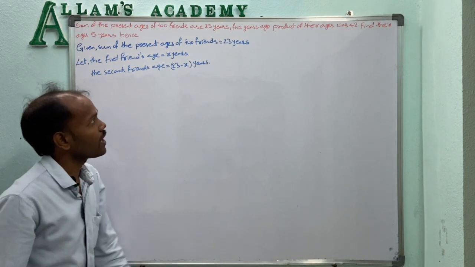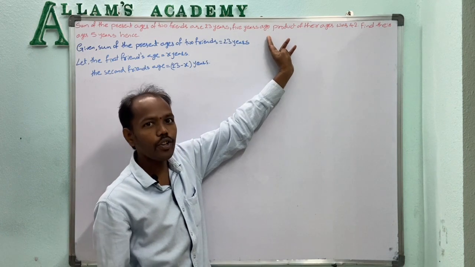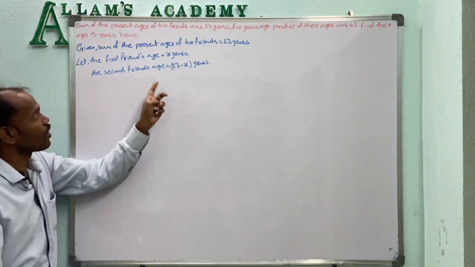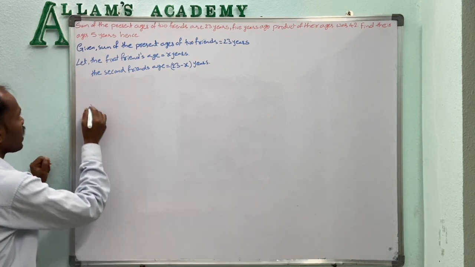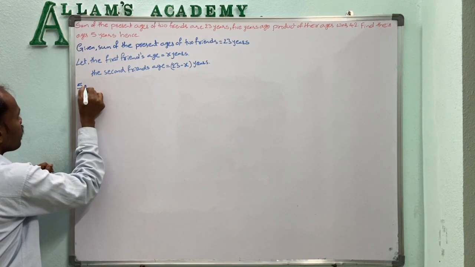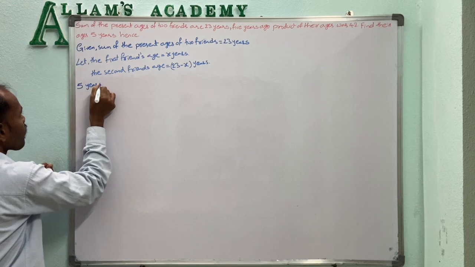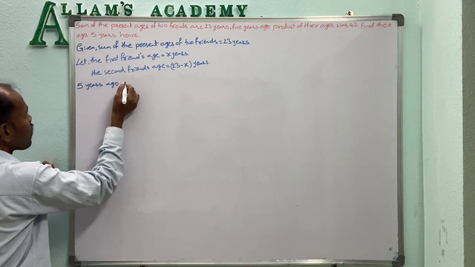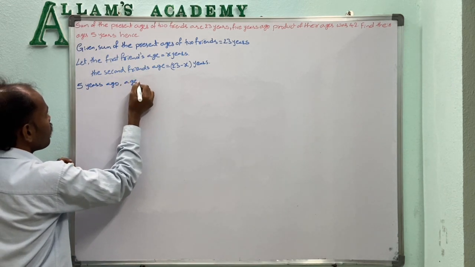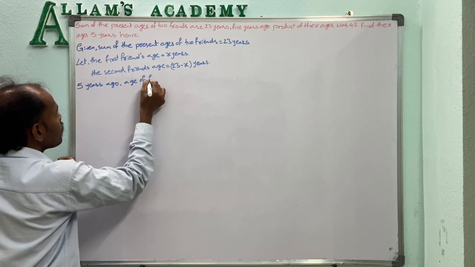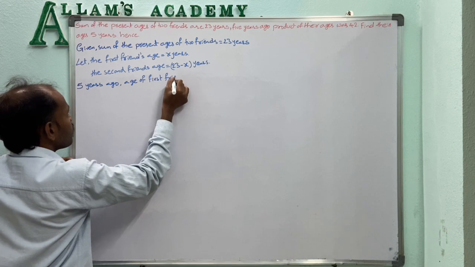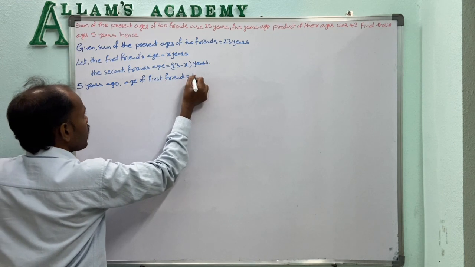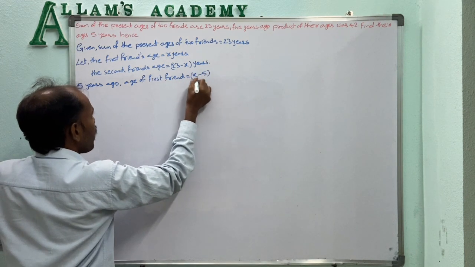And here it is given 5 years ago. So 5 years ago, the age of the first friend is x minus 5 years.